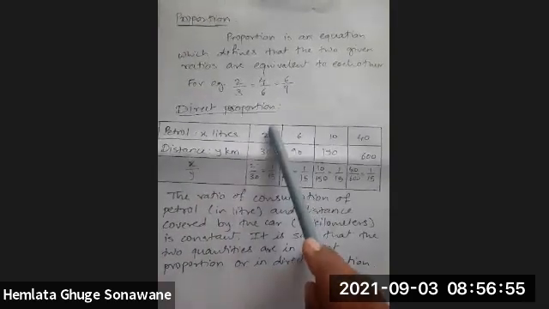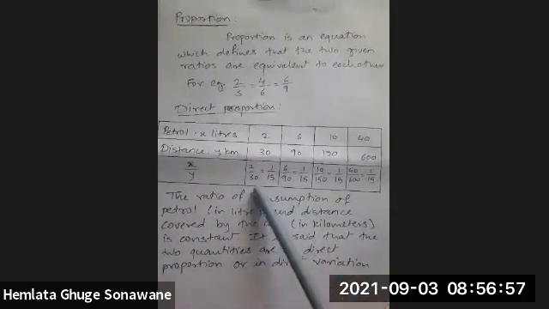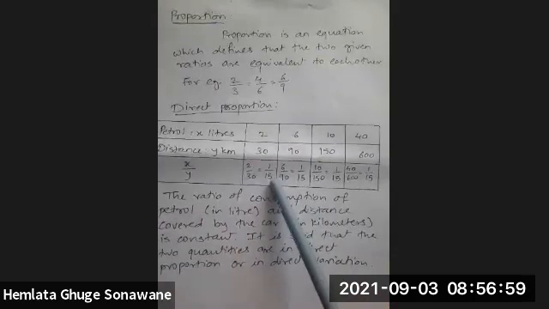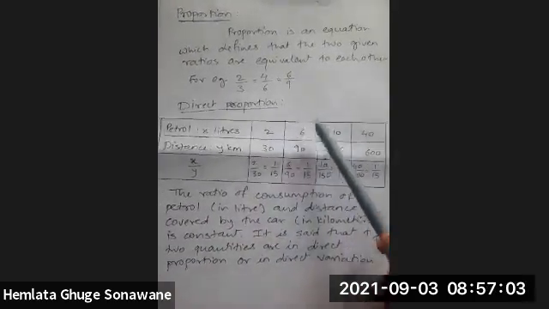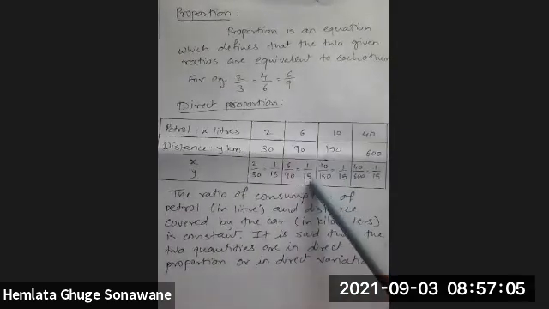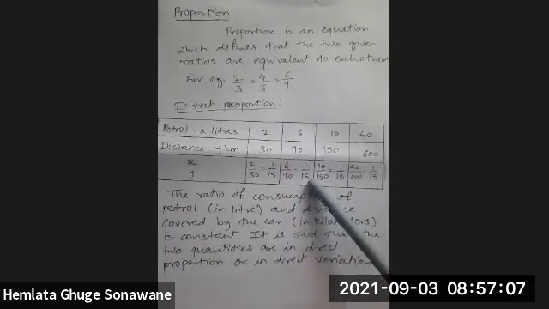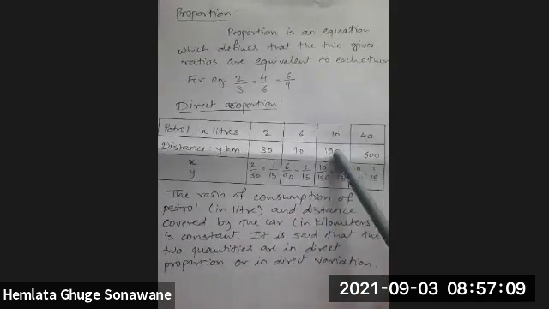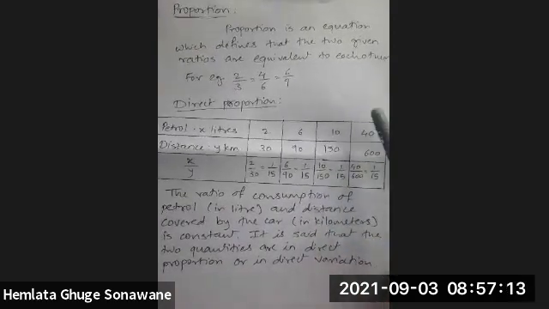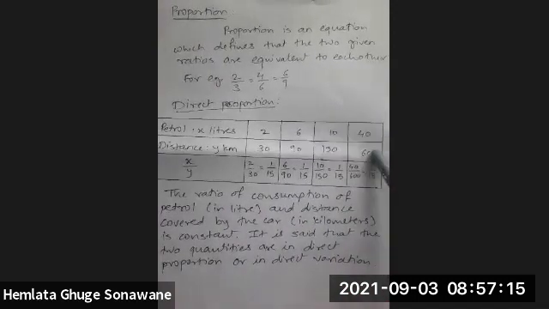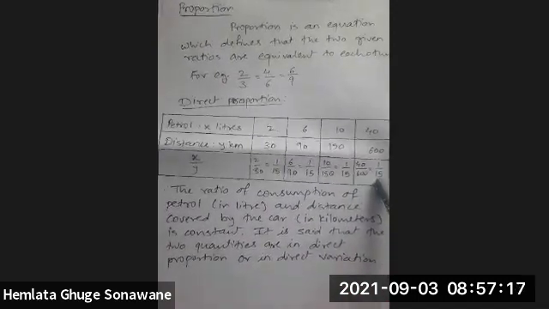So this is 2 upon 30, so that ratio is 1 upon 15. Again 6 upon 90, that is 1 upon 15. 10 upon 150, that is 1 upon 15. And 40 upon 600, that is 1 upon 15.